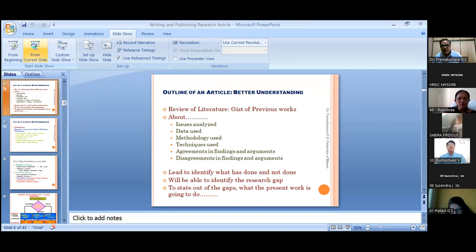Sir, the slide is not moving, sir. What, madam? The slide is not moving.